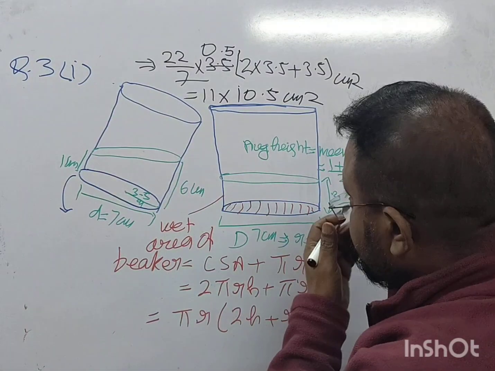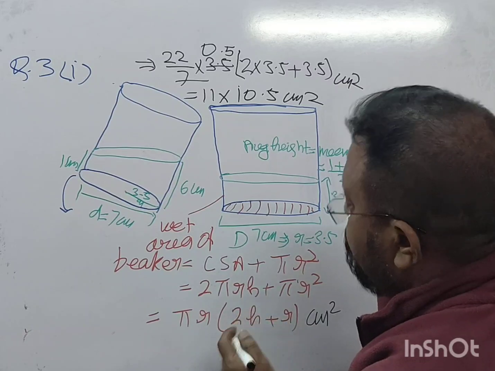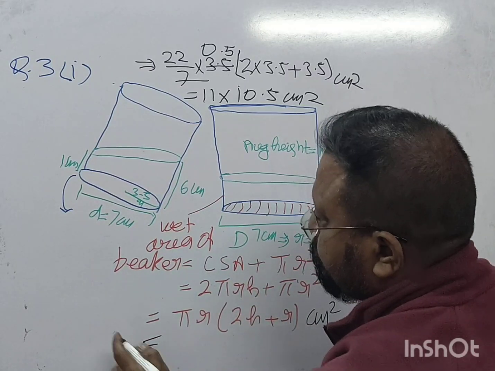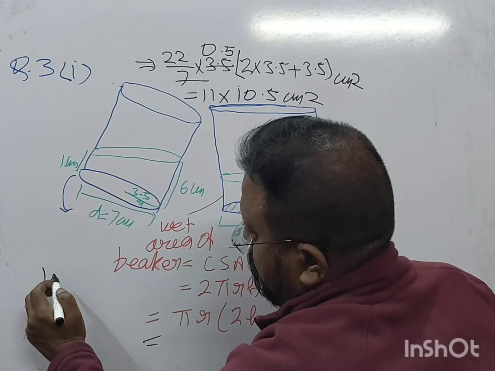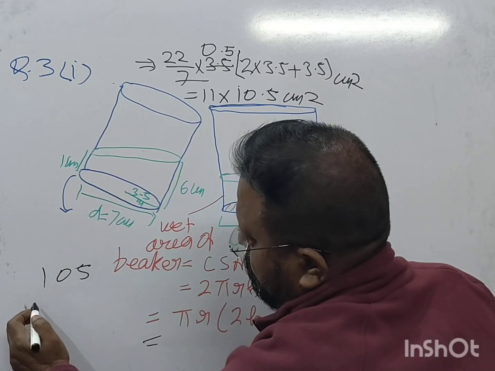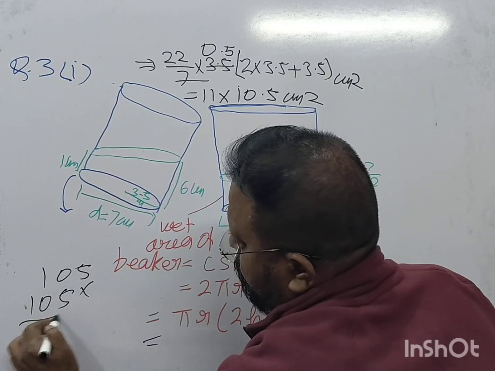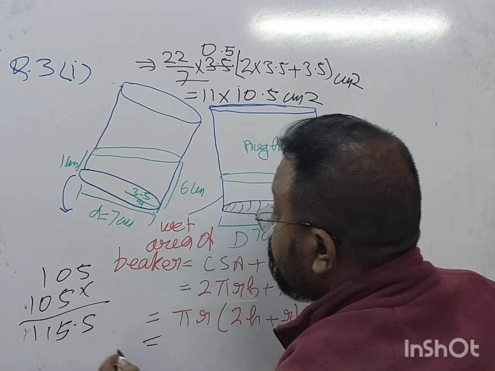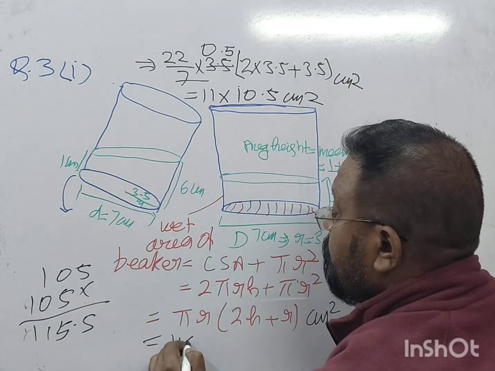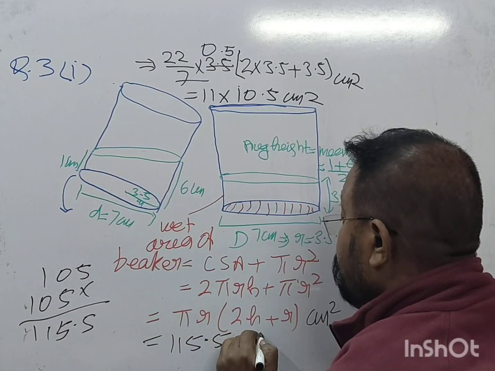So what will be? It is 10.5 into 10.5. It becomes 115.5, 115.5 centimeter square.